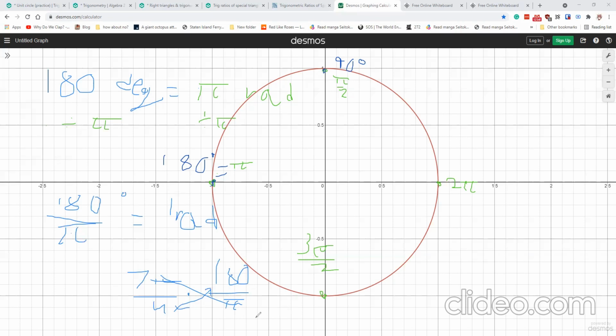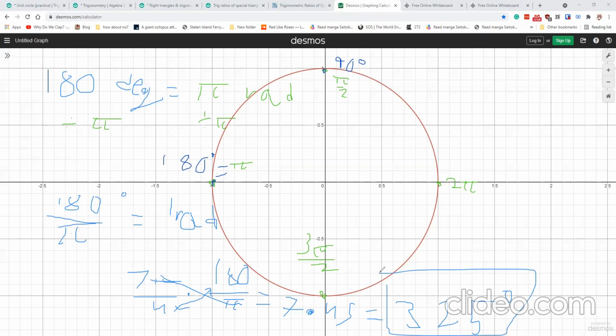That's 45. And so this is equal to 7 times 45 degrees. So 7 times 45 is going to be 280 plus 45, and so it's going to be 325 degrees.